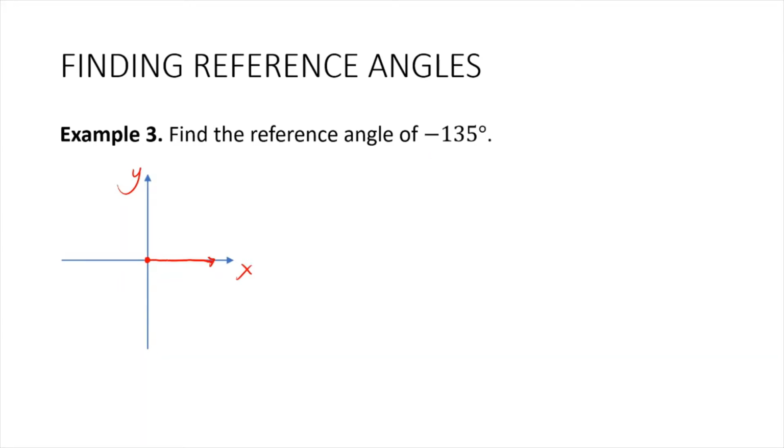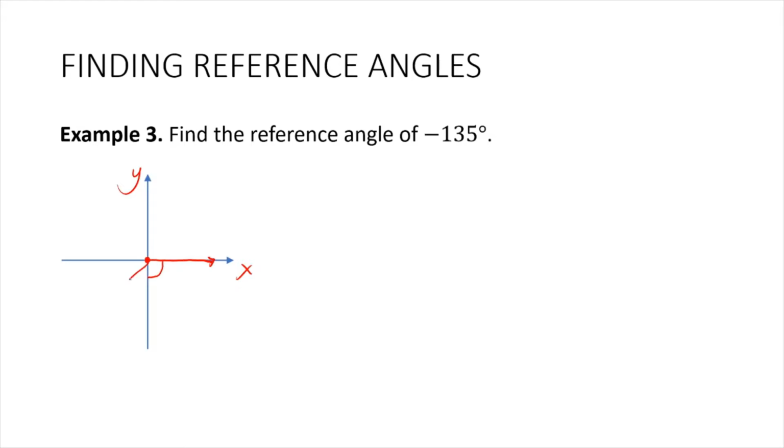Okay, so going clockwise from the initial side, this is negative 90 degrees, right? If we go all the way through the negative x-axis, this will give us negative 180 degrees, right? Therefore, negative 135 is located or situated somewhere here in the third quadrant.